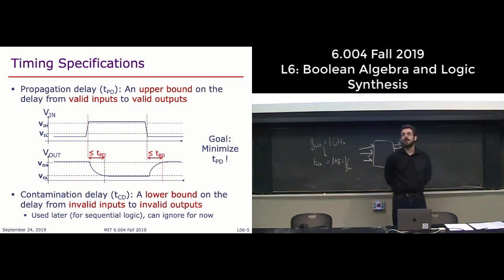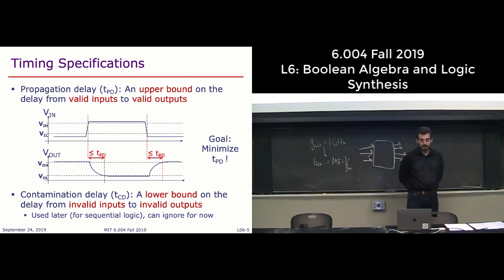So there is another quantity that we'll see later, that is called the contamination delay. And this is actually sort of the dual of the propagation delay. It's a lower bound on the delay from the inputs going from valid to invalid to the outputs going from valid to invalid. So see here that when the input goes invalid, there's some time that elapses before the output starts switching.